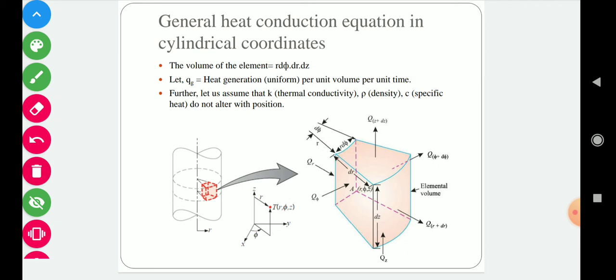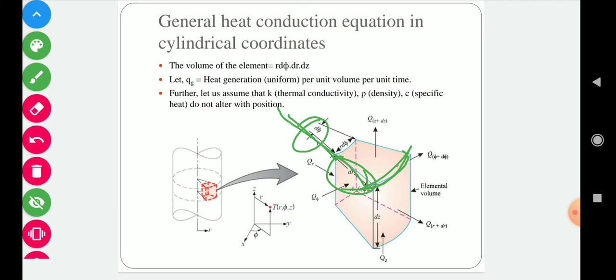Now this radius is r and its thickness is dr. So at this point this length will be equal to r plus dr, the total radius, multiplied by the angle d phi. So this length will be r plus dr into d phi, but r is very large compared to dr. dr is a very small, negligible value compared to r.